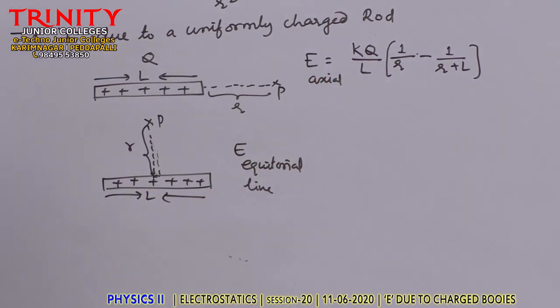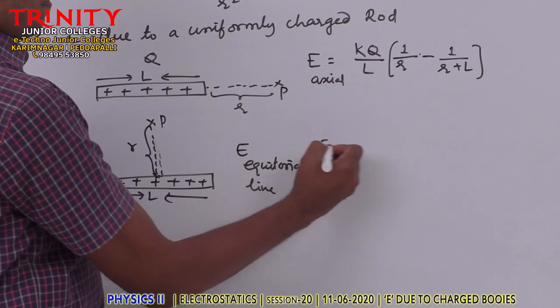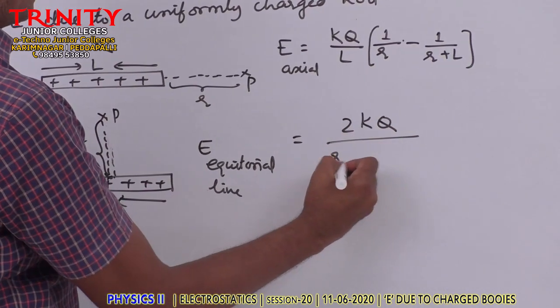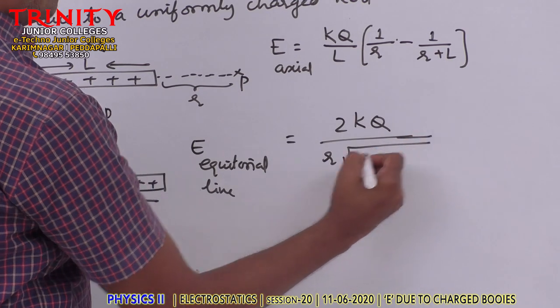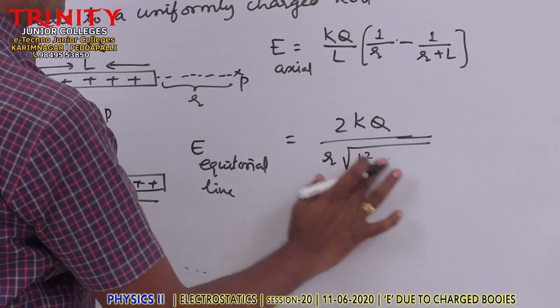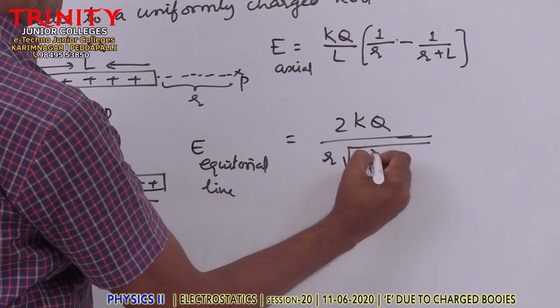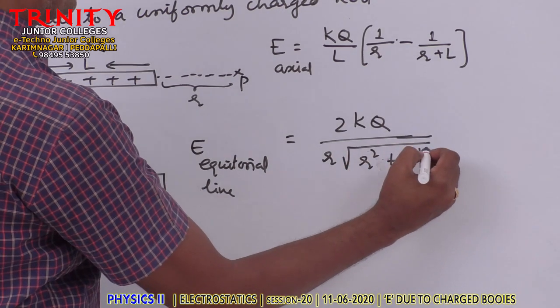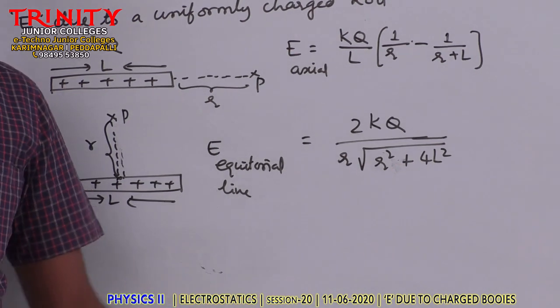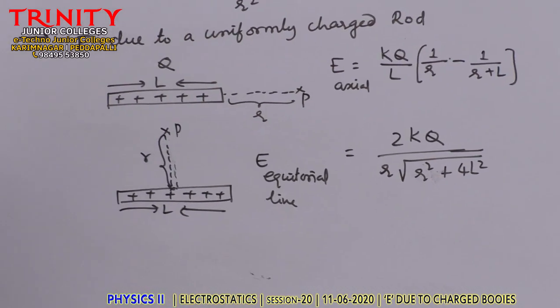The formula we got is 2kq by R under root of R square plus 4L square. You just verify it again. This is the formula we derived in the previous case.